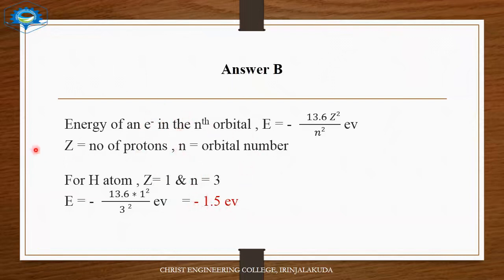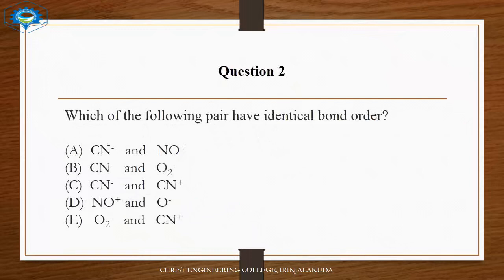So in order to solve this question, you should remember this equation, which is E equal to minus 13.6 Z square by n square, where Z is the number of protons and n is the orbital number or principal quantum number.